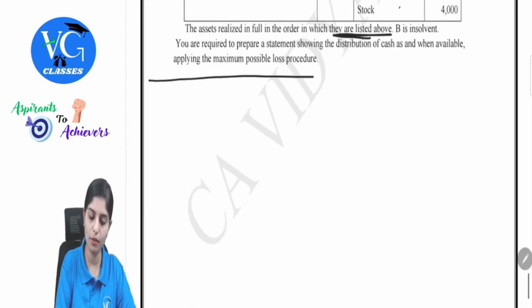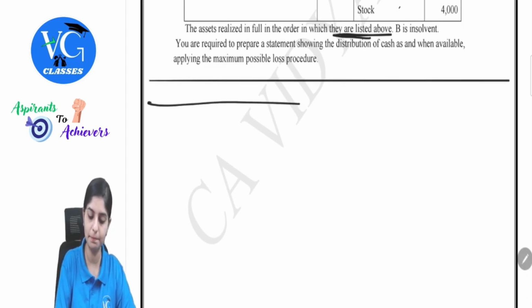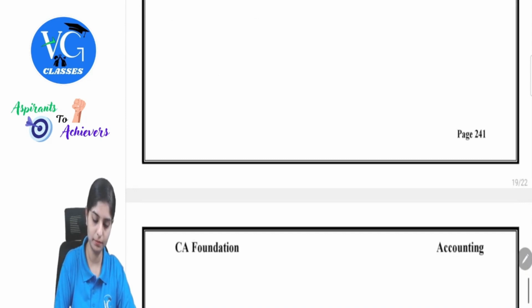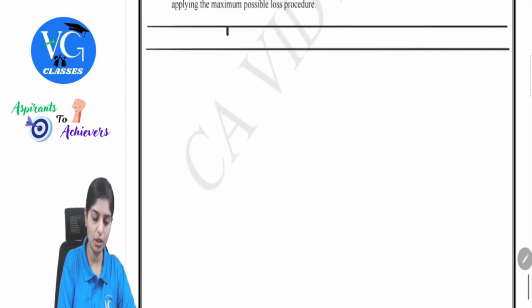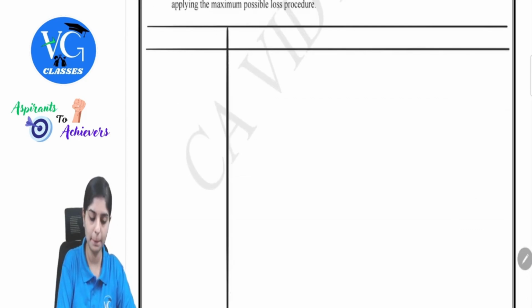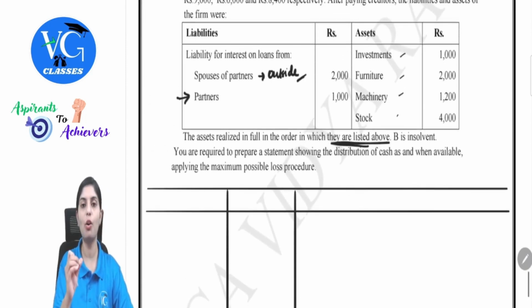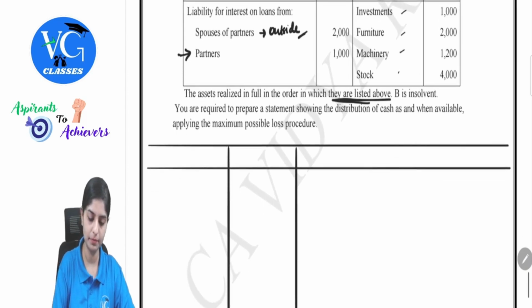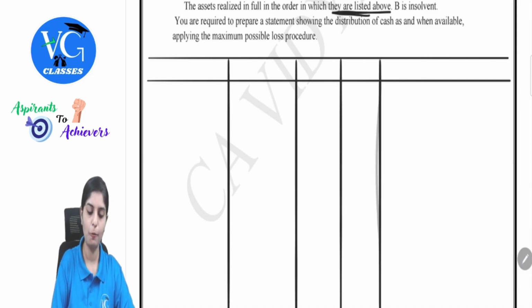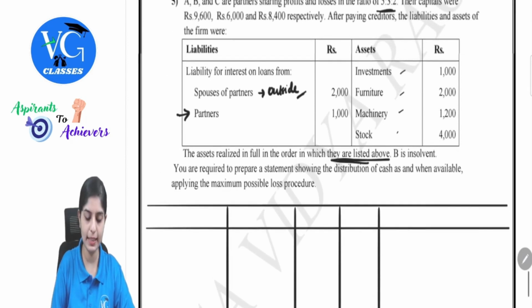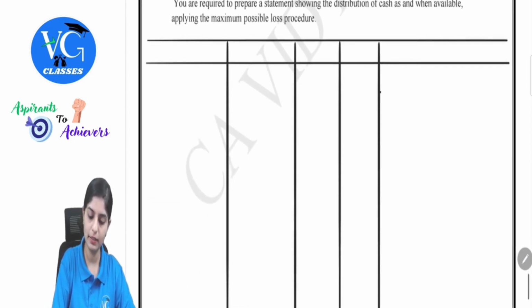So let's understand how to solve this. We have to just present this in a statement. My first column will be particulars. Then realizations, then we will write down all the liabilities, and last will be capital. There are two liabilities: one for interest on loan from spouses, and then partners' loan. Then there are three partners.